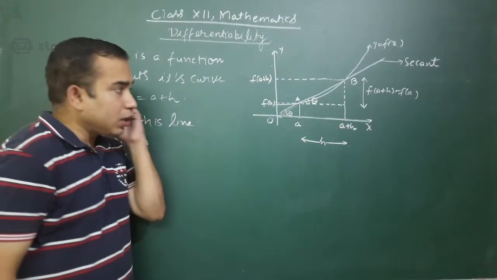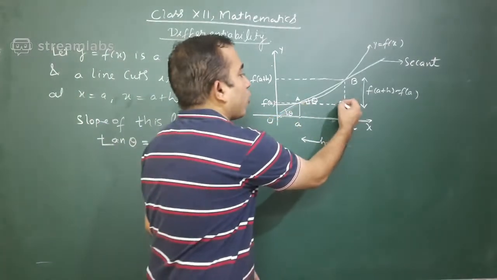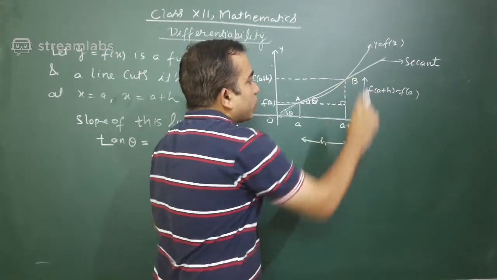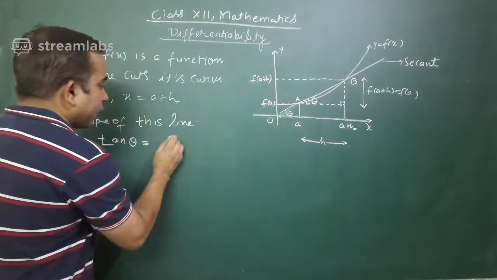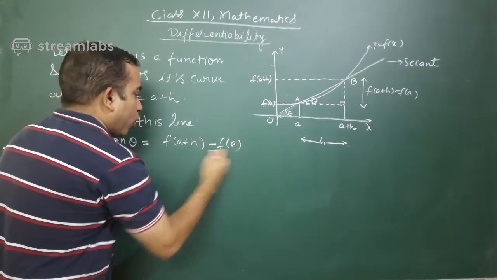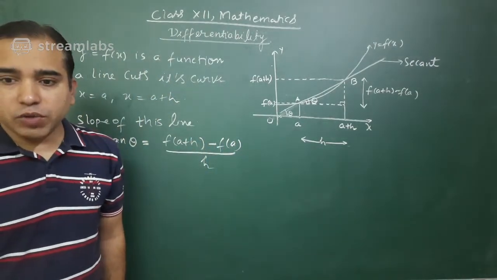And if this is theta, this also will be theta. So I am going to find the tan theta value from this right angle triangle: altitude upon base. The altitude is f(a plus h) minus f(a), whole upon h. I hope things are visible.